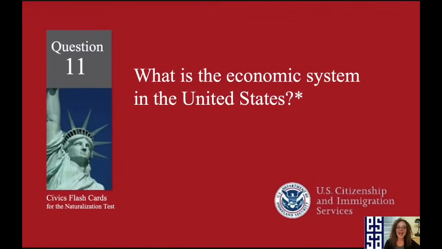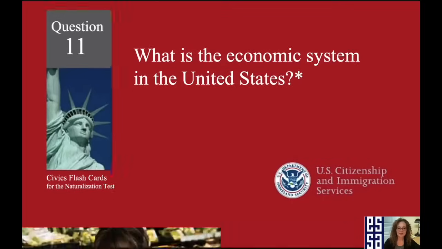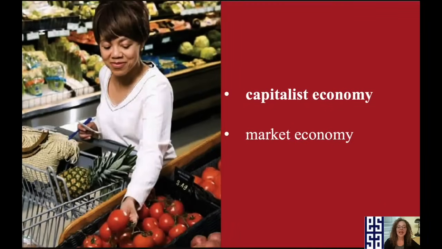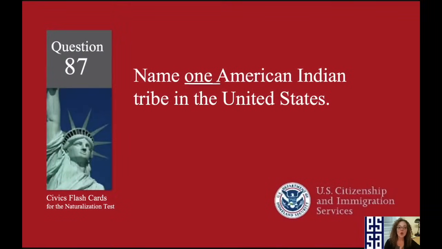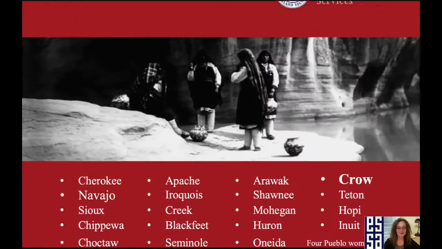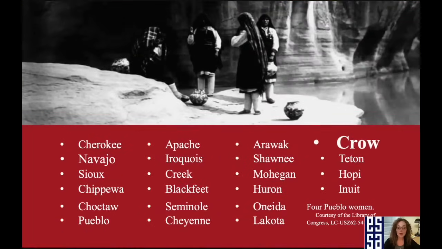What is the economic system in the United States? Capitalist economy. Name one American Indian tribe in the United States. Crow.